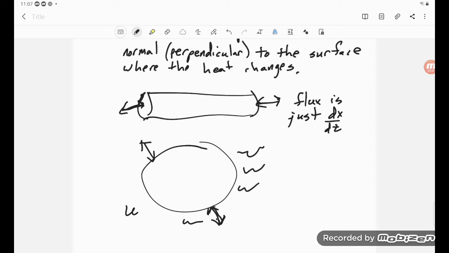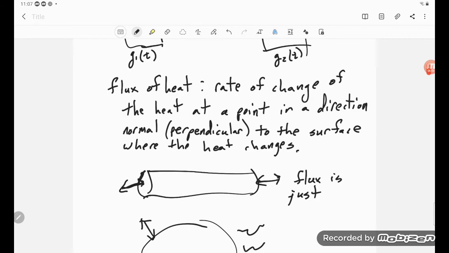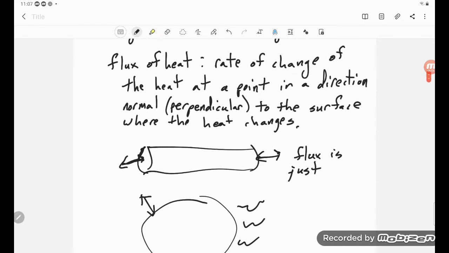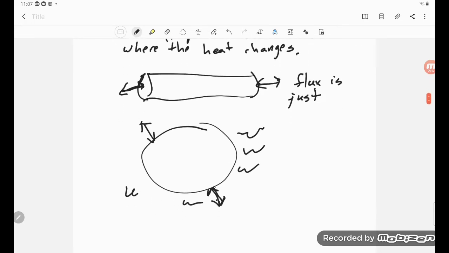Oh, sorry, no, I did that wrong. I was thinking of x as the independent variable. Sorry about that. The flux, remember, is the rate of change of the heat at a point. I didn't say the rate of change of heat with respect to what, but that would be du dx.